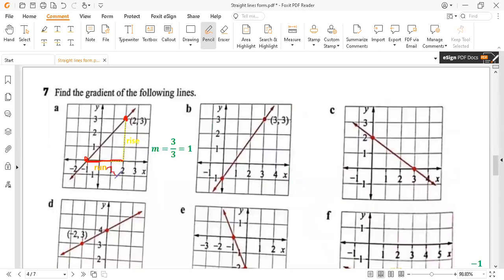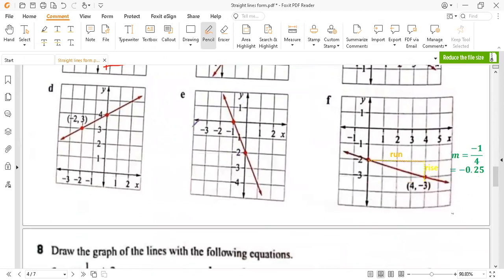So the run equals positive 3. Then we go up until we are at the same level with this point: 1, 2, 3, in the positive y direction. So the rise is also +3, and the gradient equals rise 3 over run 3, which equals 1.